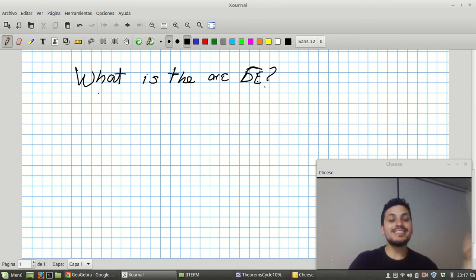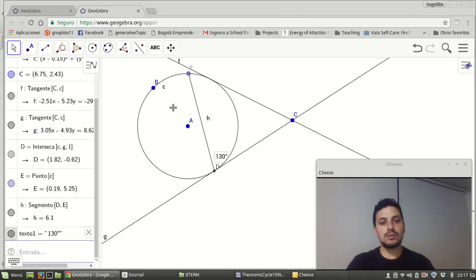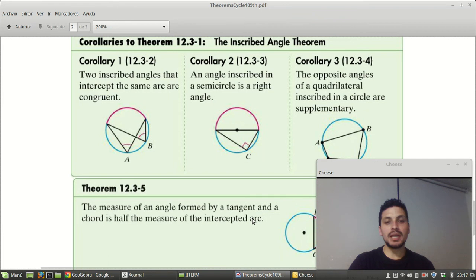What is the arc DE? So I need a tangent, I have an angle, so I need an arc using the tangent and the angle. So I'm going to my theorems.